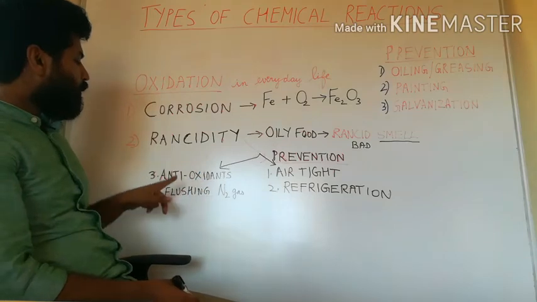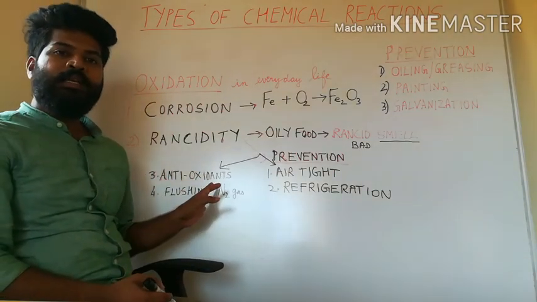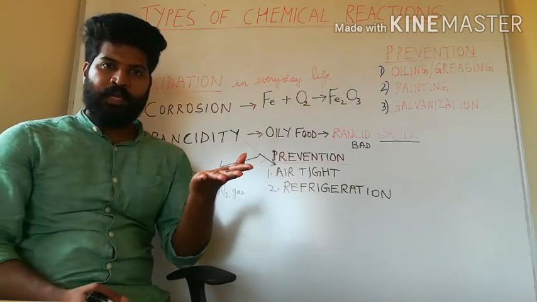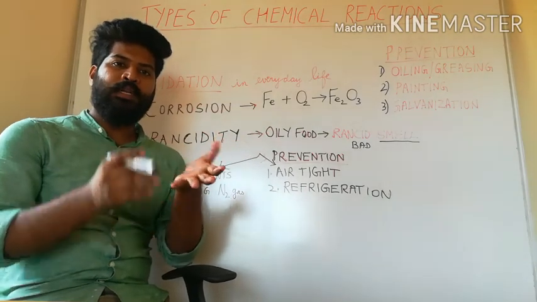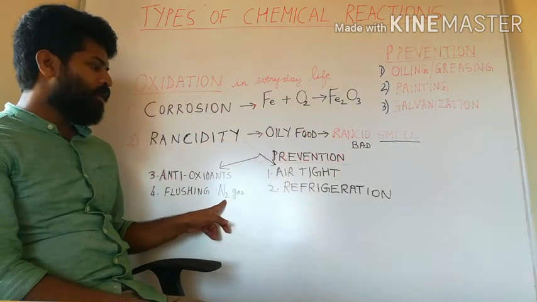Another mechanism is flushing with nitrogen gas. This is most commonly seen in chips packets. For example, any potato wafers or chips that you get, you will see it is filled with air. That air is nothing but nitrogen gas.